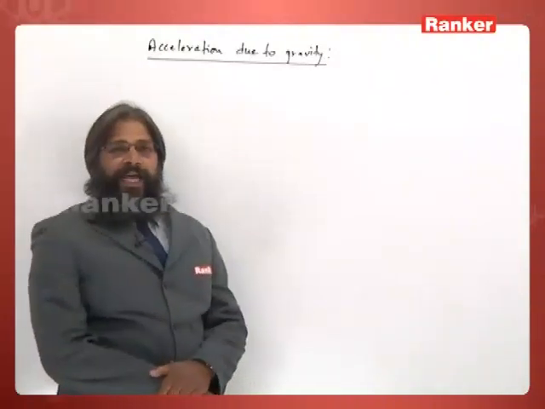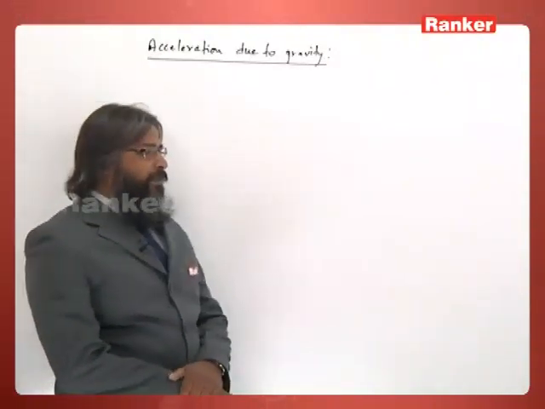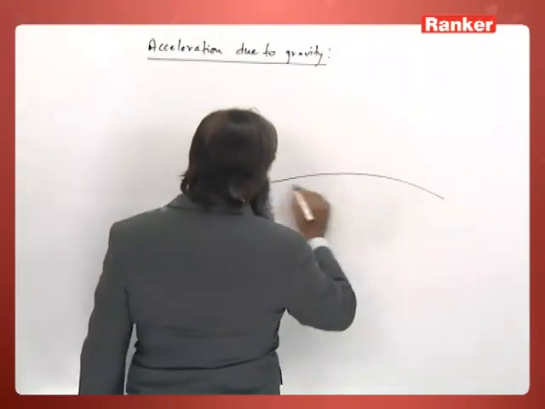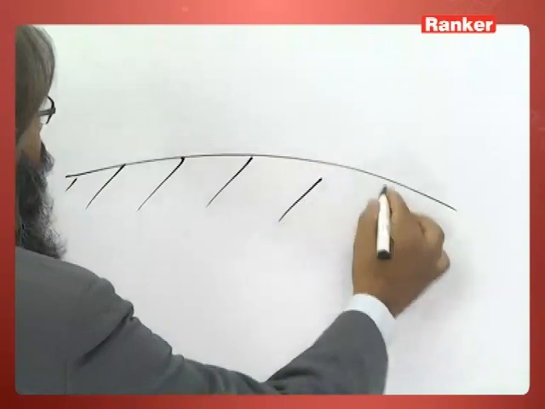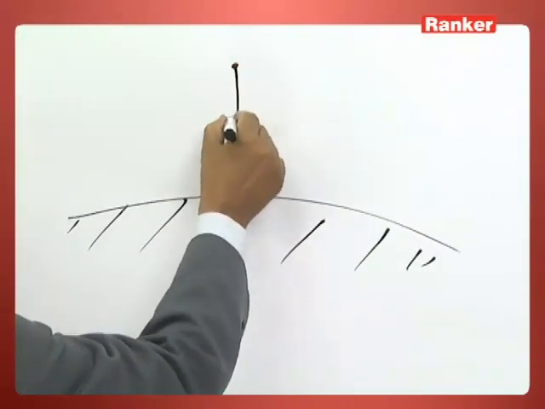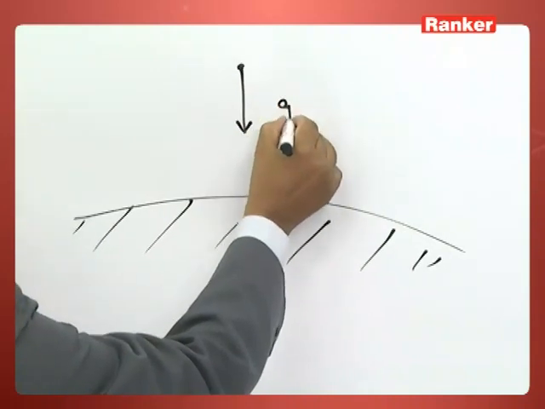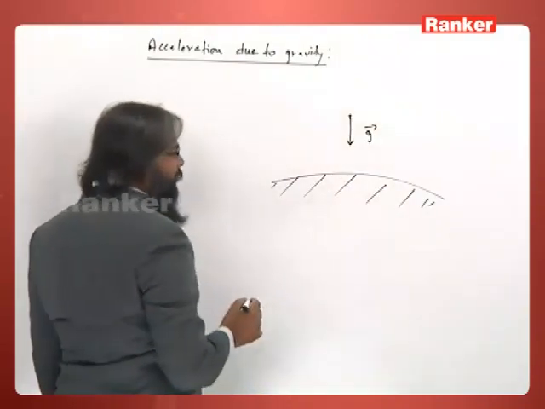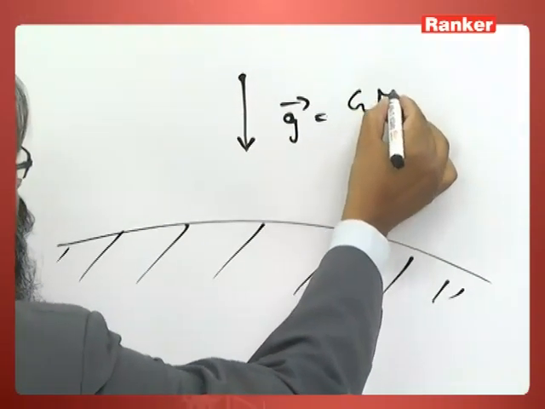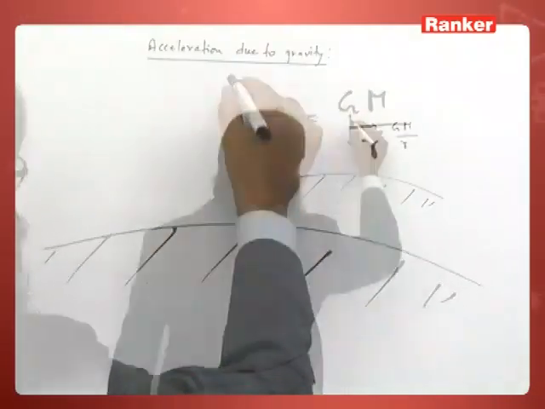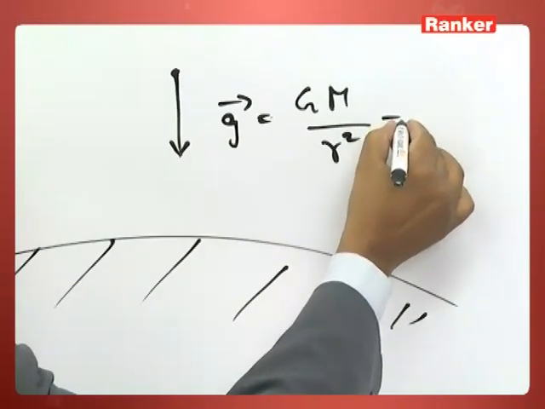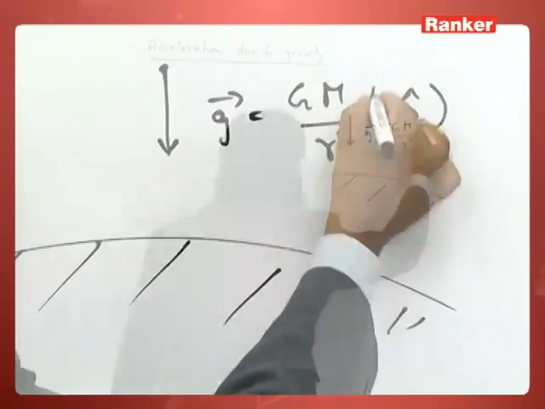Now let us see acceleration due to gravity. If we have a massive object somewhere here, suppose this is earth, and I place an object here, that object is under the gravitational influence of earth, which I call g, equal to G times mass of earth by the distance from the center r whole square, into minus radial unit vector.